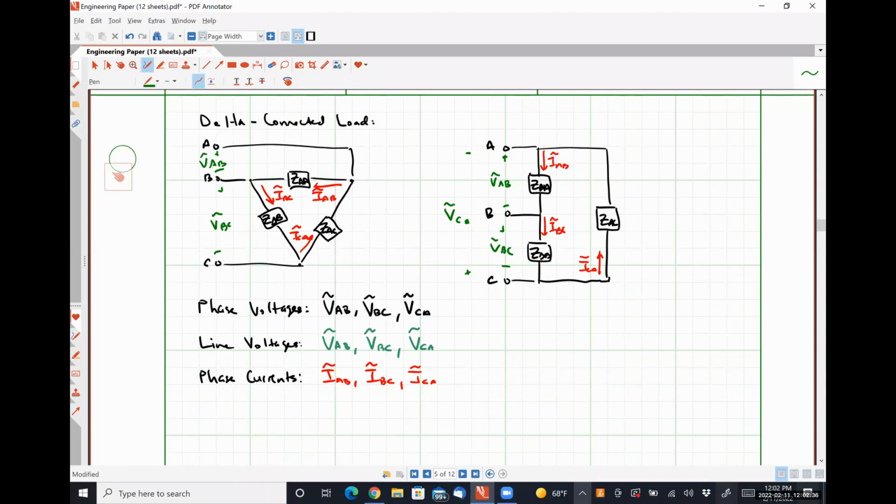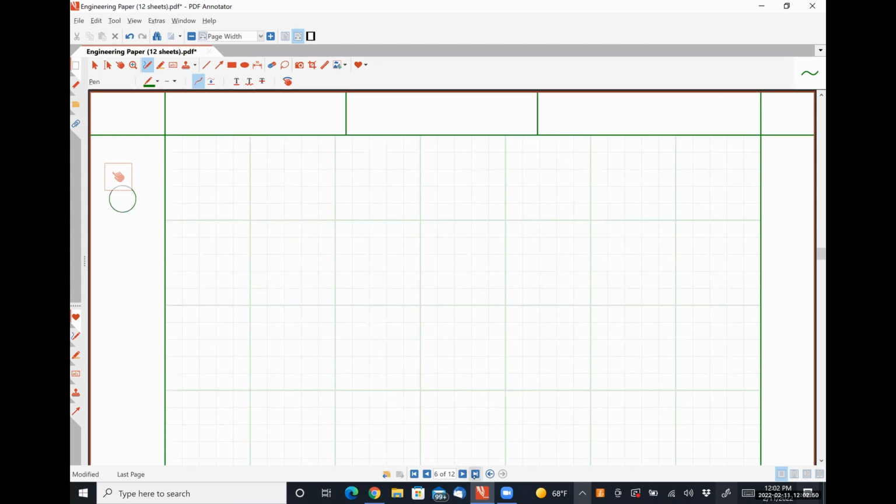Where when I say that, the first term tells you how the source is connected, and the second term tells you how the load is connected. So this is going to be the last thing we do today. Surprisingly little math for today. I promise you I'm going to make up for it.